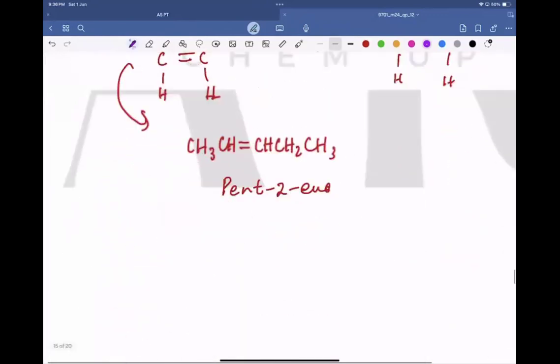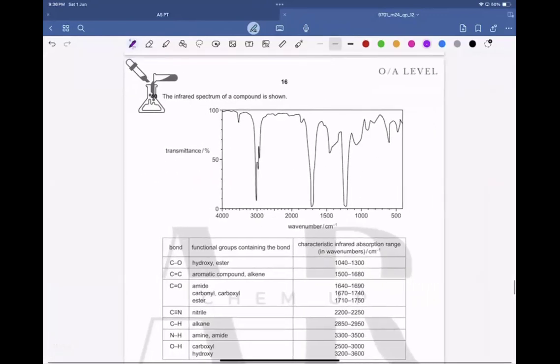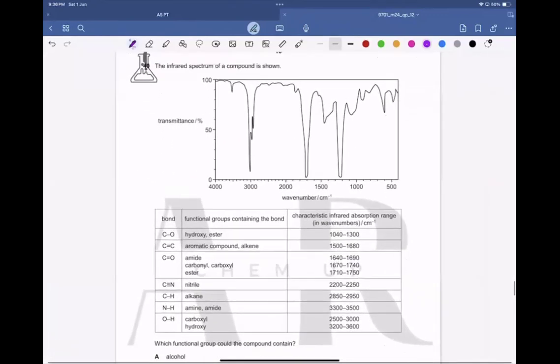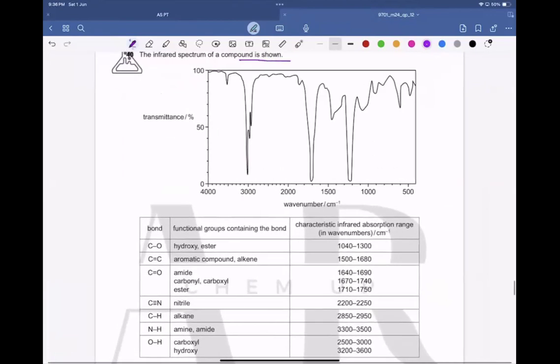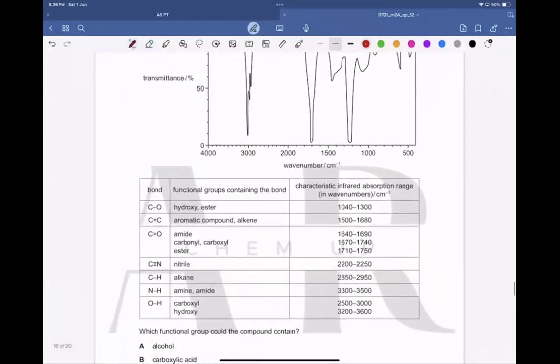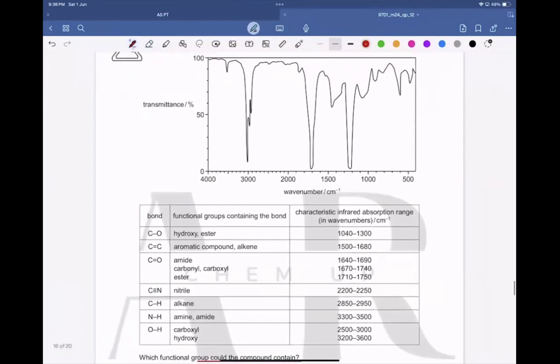Okay. Now question number 40. The infrared spectrum of a compound is shown. Which functional group could the compound contain?